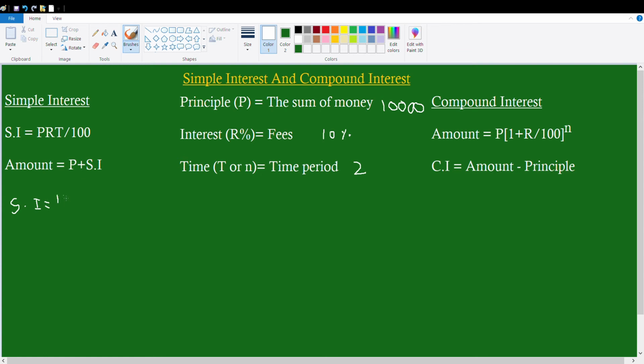Here P is 10,000 rupees multiplied by R, which is 10%, multiplied by T, which is 2 here. Now upon 100. Cancel these two zeros and these two zeros and multiply the remaining numbers. 10 into 2 is 20, 20 into 100 is 2000 rupees.